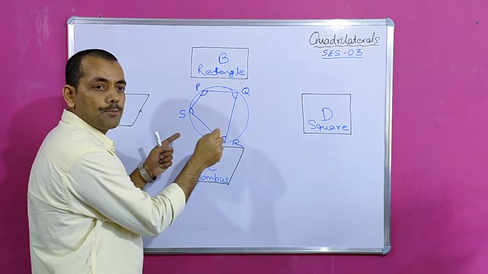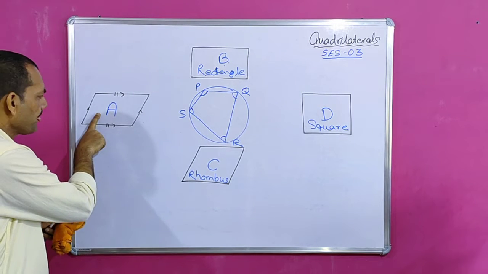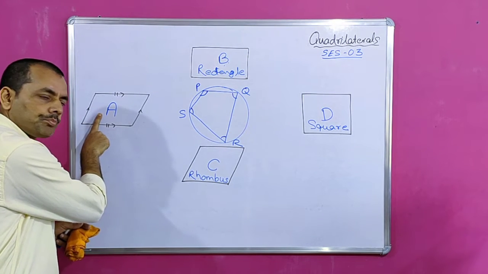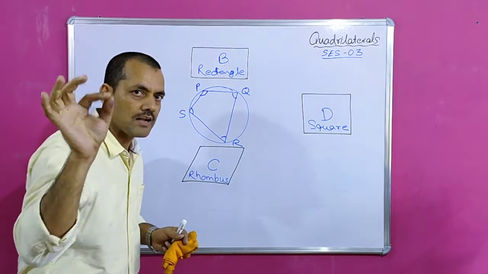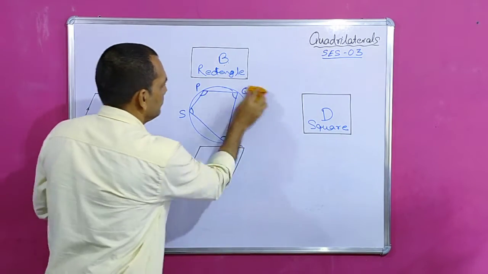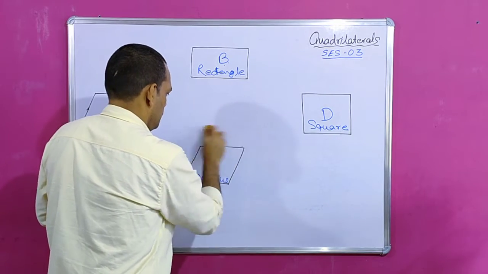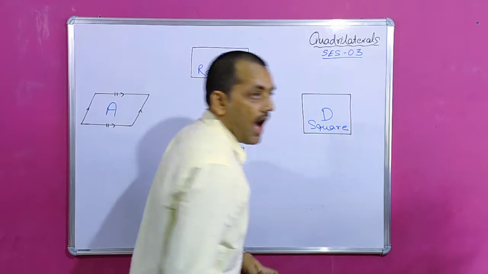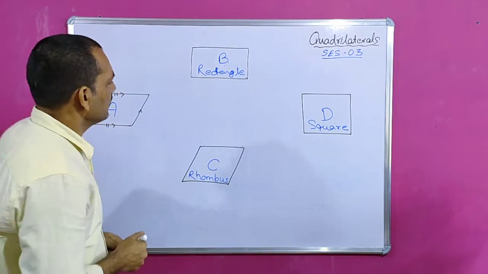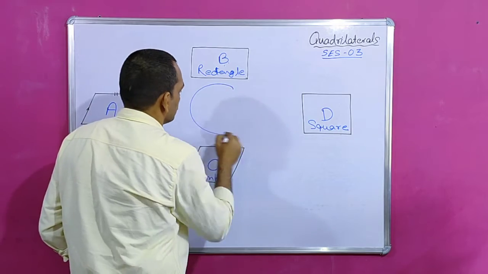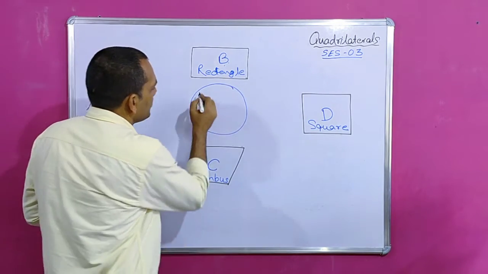Now, we'll use the same property here. If a parallelogram is inscribed inside a circle, mark the words. Let's draw a circle, and inside this circle, I am drawing a parallelogram.